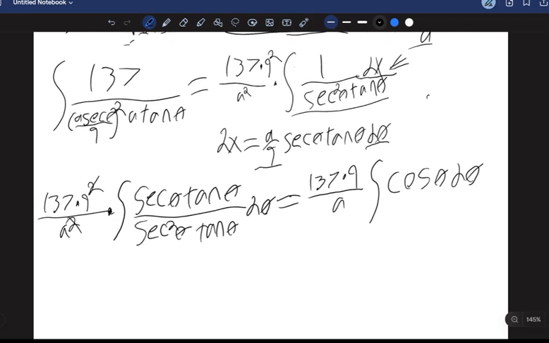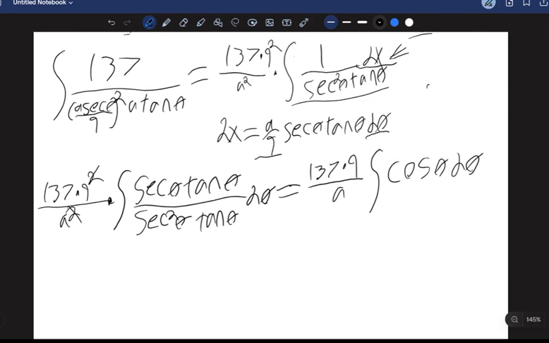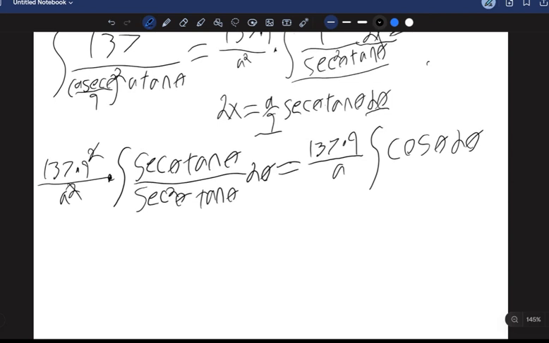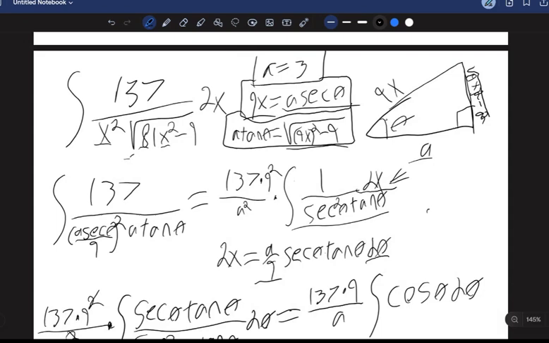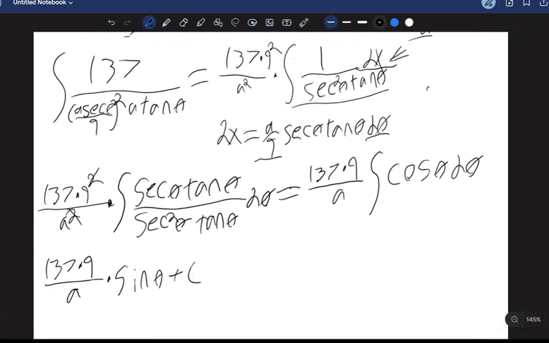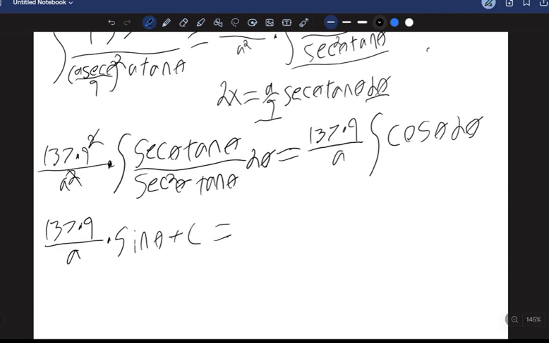And the integral of cosine theta relative to theta is sine. So we have 137 times 9 over a times sine theta plus C. And so now we need to find our x again, which we can find from sine theta. So what would that be? Sine is opposite over hypotenuse, so that would be the square root of 81x squared minus 9 over 9x.